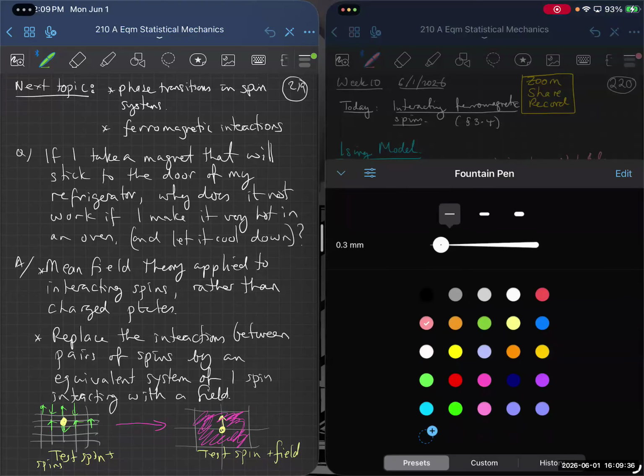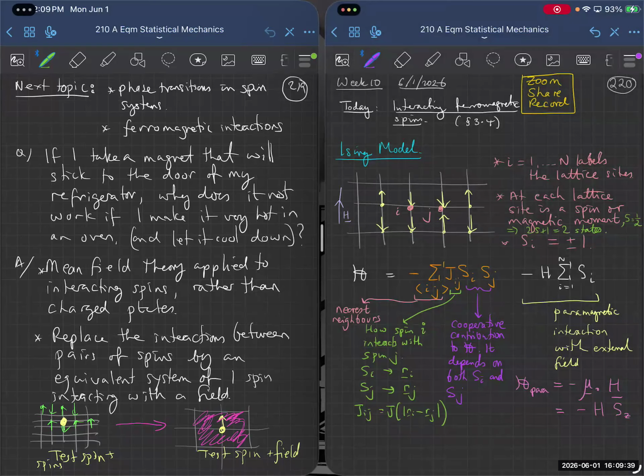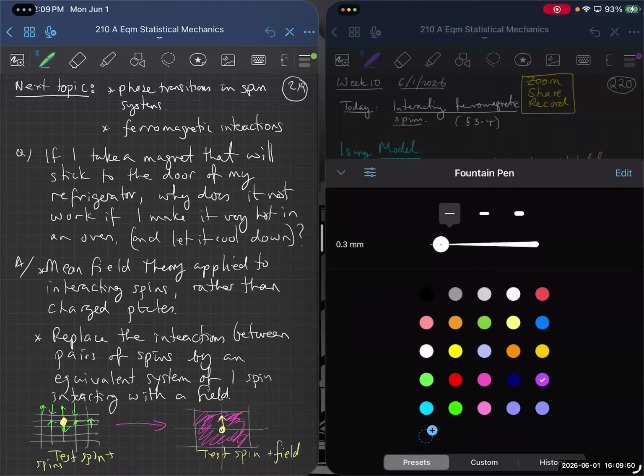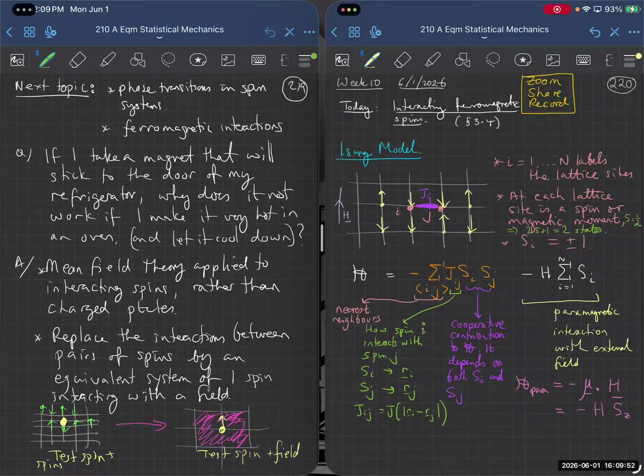If they are interacting with each other, then there's some kind of bond between them, J_ij, that tells you the energy when they are interacting. We're going to assume that J_ij is equal to some constant J when i and j are nearest neighbors, and 0 otherwise.